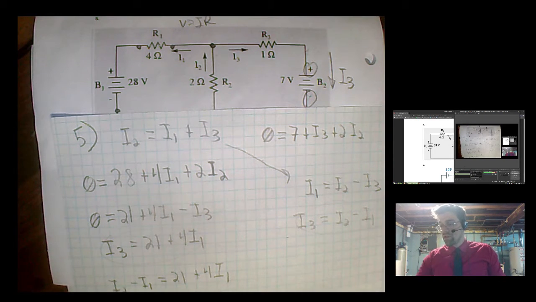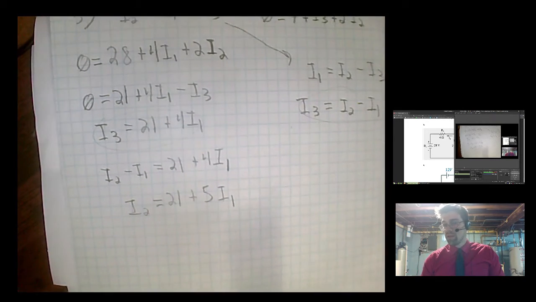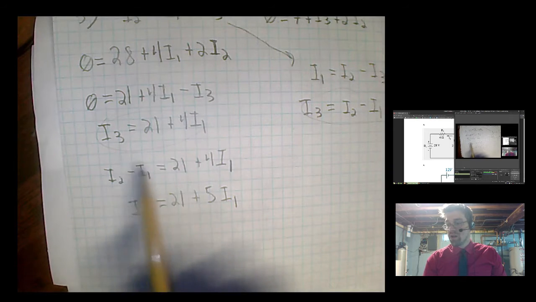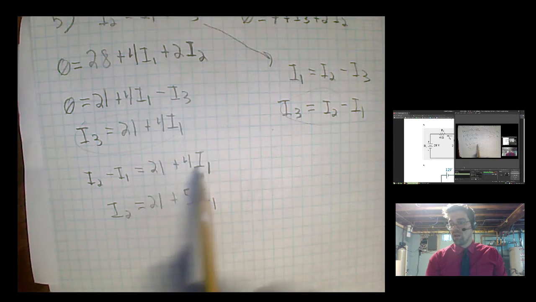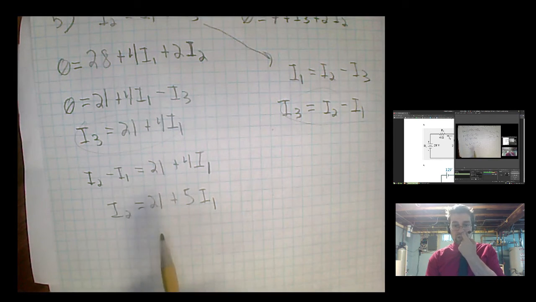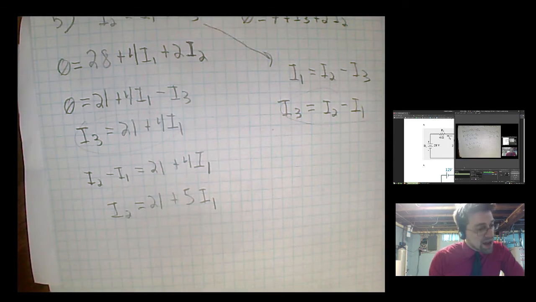Alright, so now I have two expressions, right? I have I3 in terms of I1. So I know that equaled I3 according to that, and that equaled I3 according to that. So I set them equal to each other and I solved for I2. I have I2 in terms of I1 and I1 only.